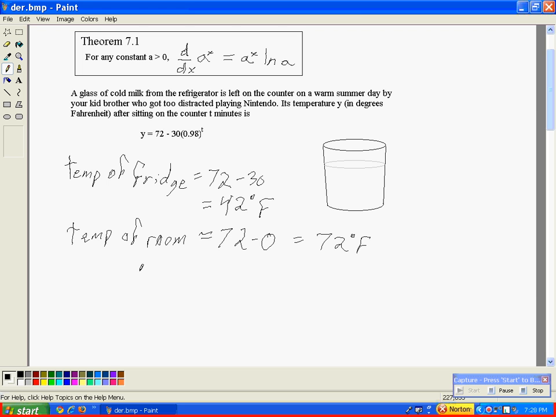The derivative of y with respect to time would be 0 minus 30 times 0.98 to the t minutes times the natural log of 0.98.